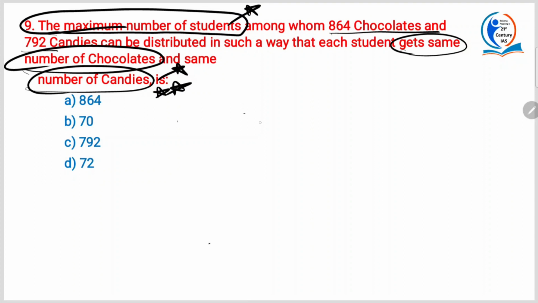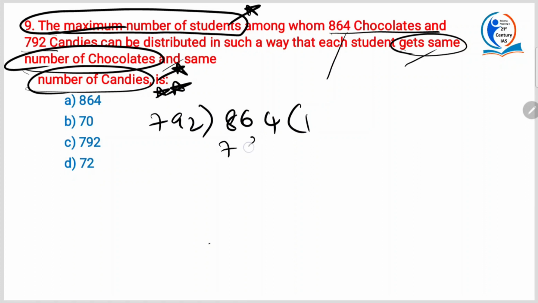Now, the maximum number of students possible will be the HCF of 864 and 792. Alright, 792 and 864. The maximum number of students who satisfy this particular condition is the HCF, highest common factor. Okay, so 1, 792, 72.